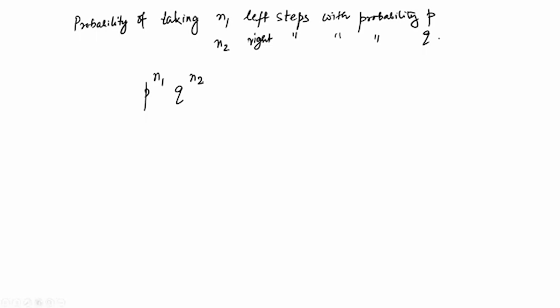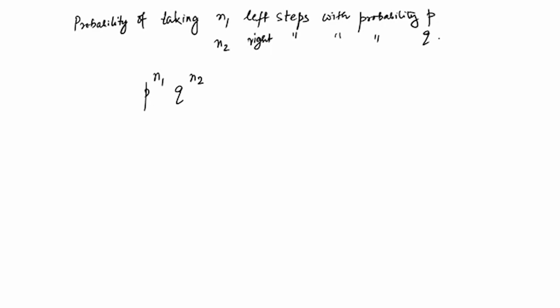Okay. So, suppose that he has taken 2 steps, then since they are independent, it is p into q, and if he has taken 2 steps towards left and 1 step towards right, it will be p square into q and so on. So, that is why for n1 left steps and n2 right steps, because they are statistically independent, we can write the probability to be the multiplication of the 2.